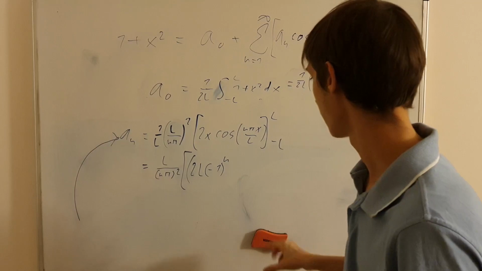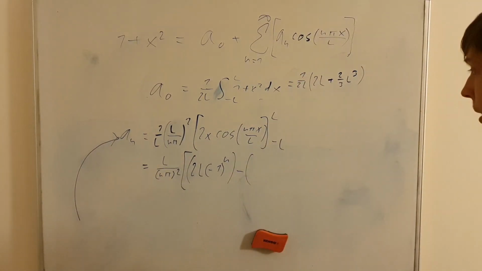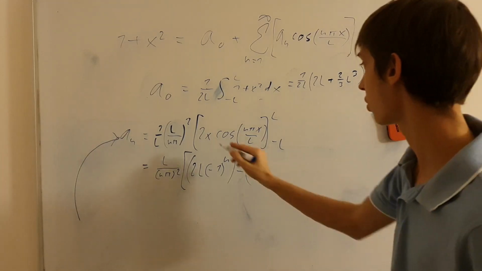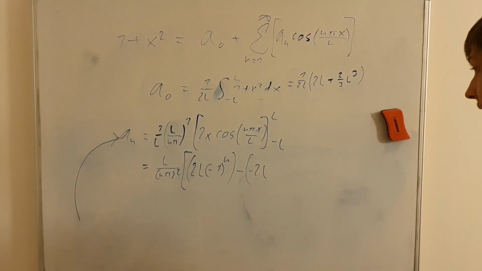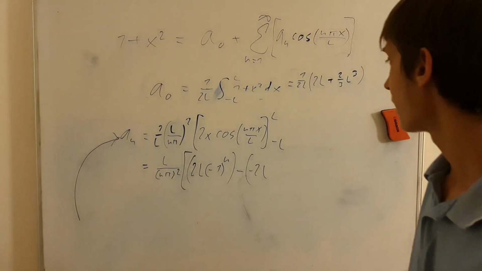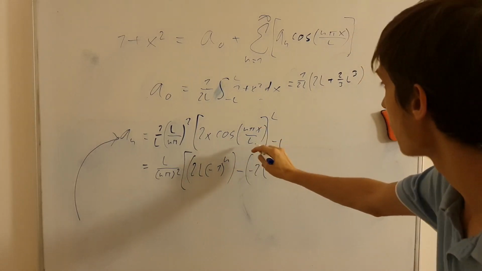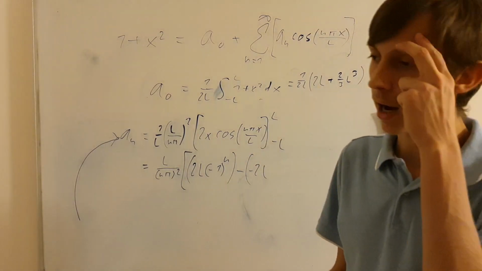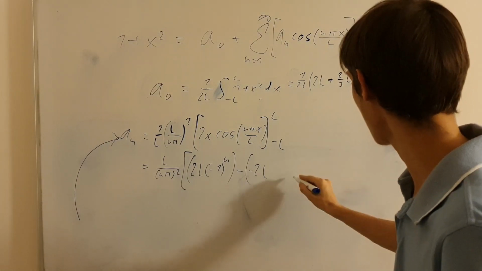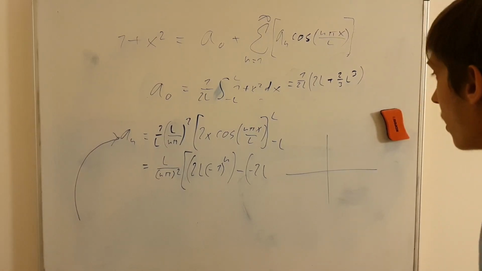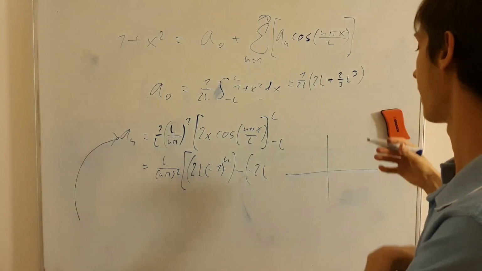And the next part is the second parenthesis, where I subtract the lower bound, which is minus L, so it's 2 times minus L, so minus 2L. So again, this will nicely add to it. And cosine of, when I plug in minus L here, it will be minus n pi. Well, minus n pi should again be -1 to the n.